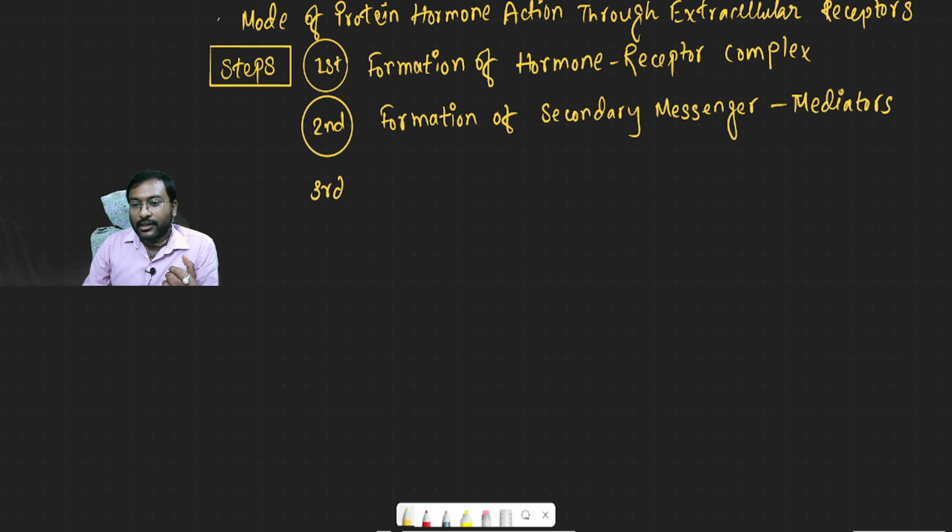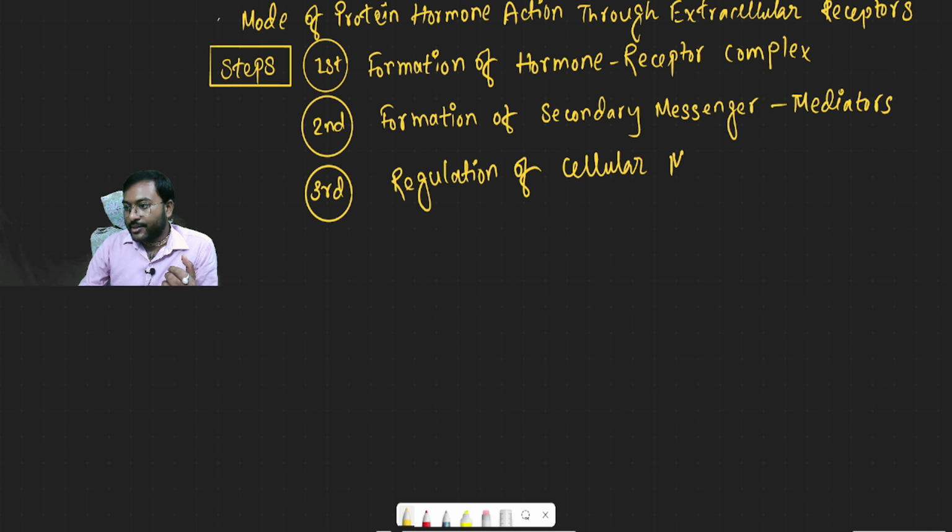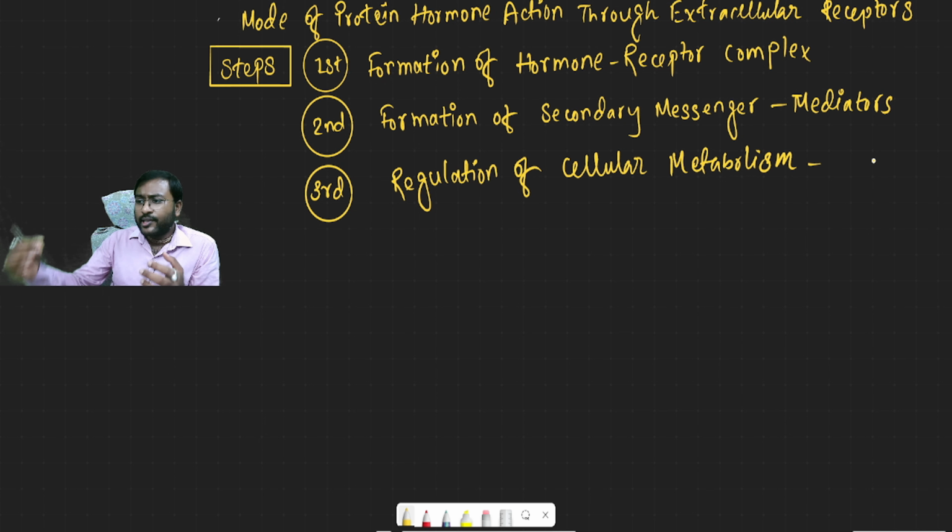And the last one, that is also very important, is regulation of cellular metabolism. Okay. So these 3 steps play an important role to execute the function of the protein hormone through extracellular receptors. Today in this video I am going to discuss the formation of hormone receptor complex, and I will make another video for the remaining 2 steps.